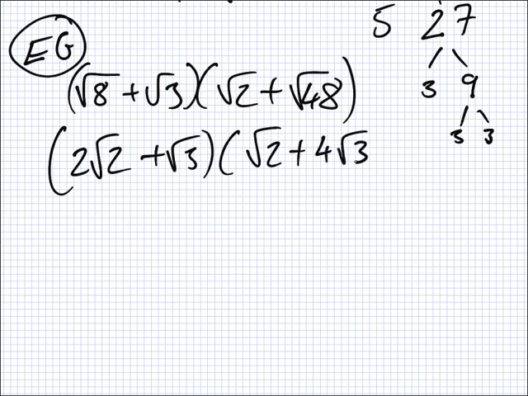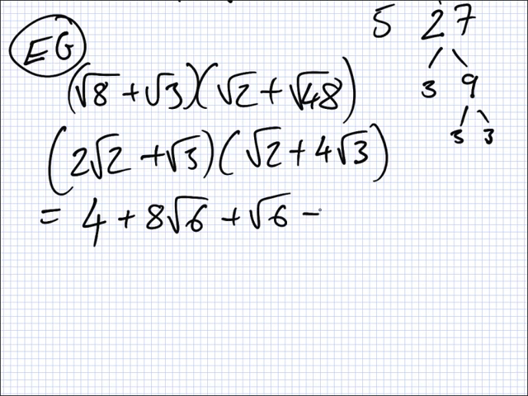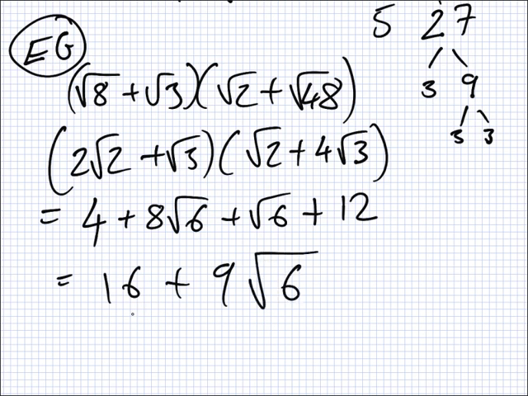Yes. 2 root 2 times root 2 is 4. 2 root 2 times 4 root 3 is 8 root 6, plus root 6, plus 36. Yeah, 9 root 6. Easy peasy. Well, maybe not easy peasy.